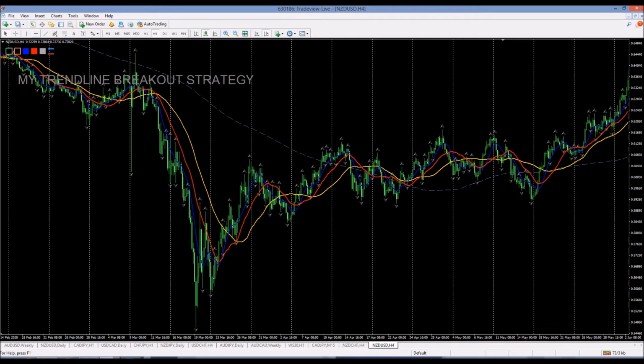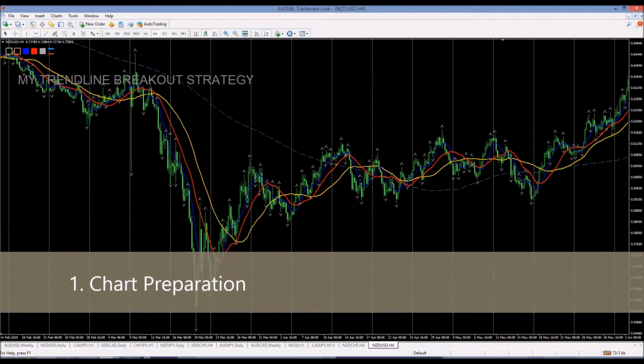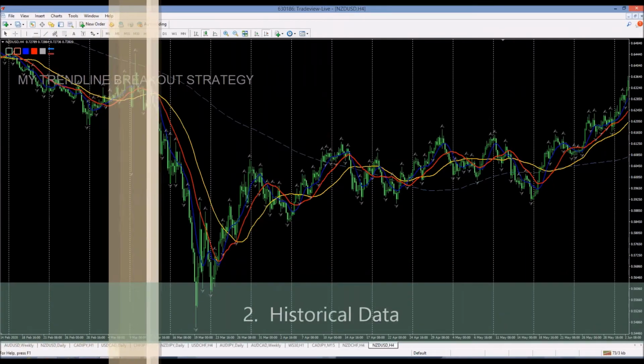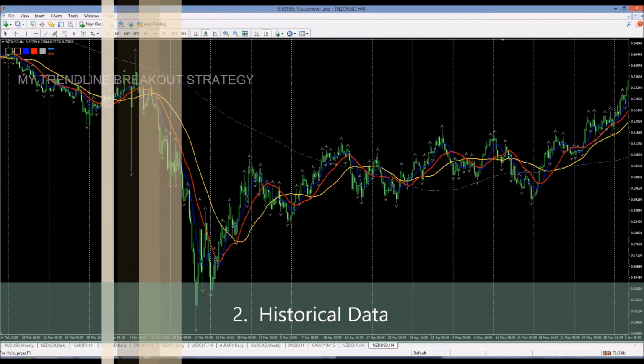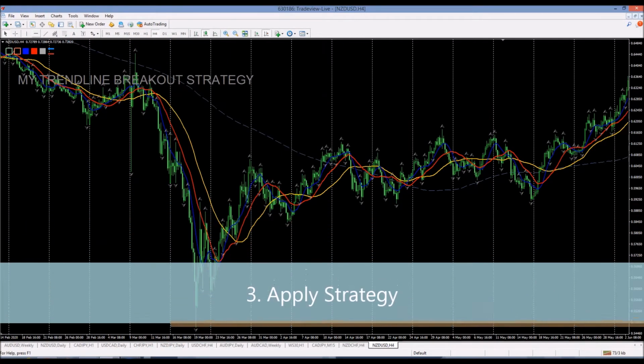I'm really going to drum down on this aspect. We're going to look at three points. Step 1, preparing your chart. Step 2, focus on the historical data. And step 3, apply the strategy on newly formed setups.